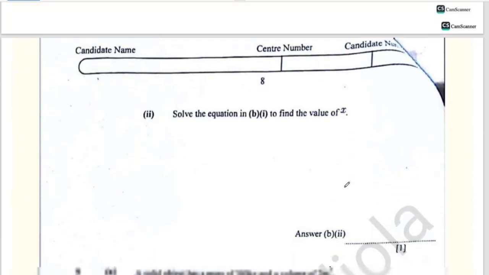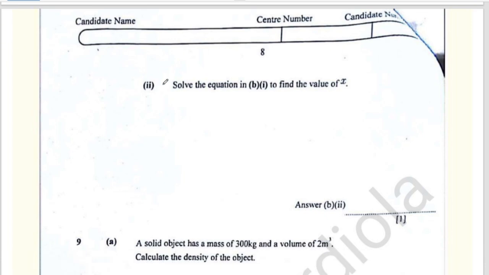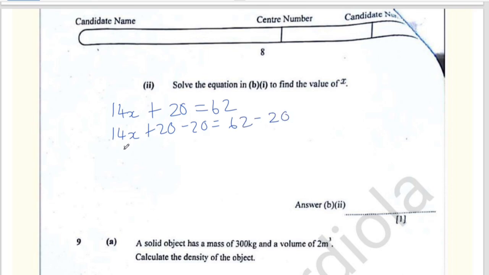It says solve the equation in B1 to find the value of x. So we said that 14x plus 20 is equal to 62. Now we simply move forward and bring like terms together. 14x plus 20 minus 20 is equal to 62 minus 20. Why? Because whatever you do on the left side, you also do on the right side.